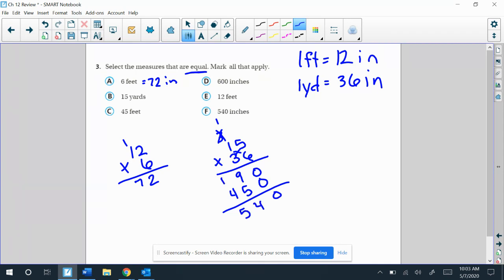I hope you got a 540. So far, we do not have anything that matches. Oh, yeah, we do. 540 inches, 540 inches. There's 2.